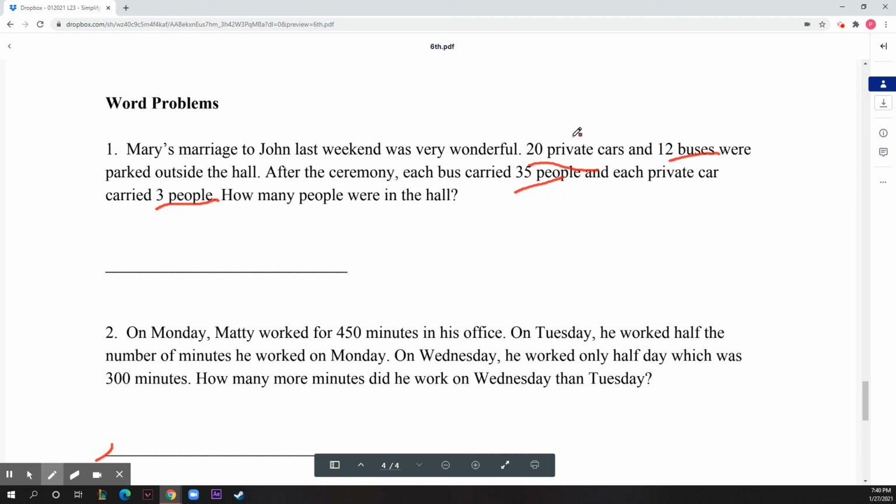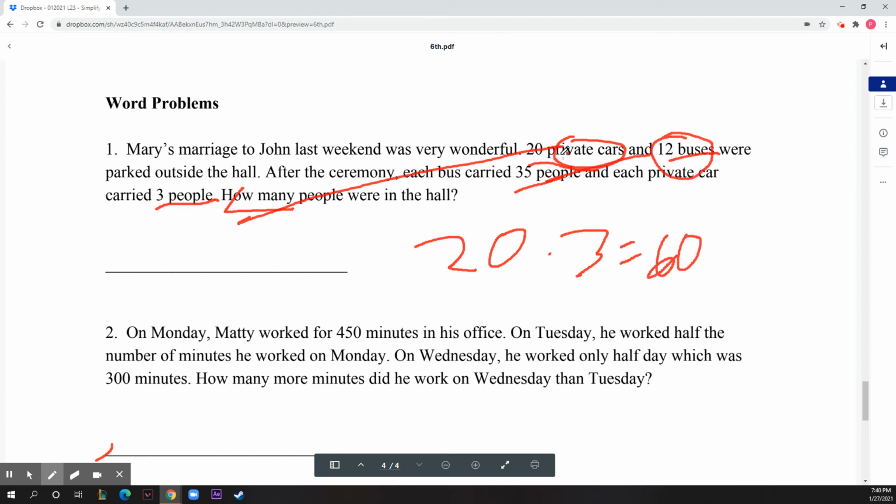Okay, so it's 20 private cars and each private car carried 3 people, which is 20 times 3, which is 60. And then next would be 12 buses and 35 people per bus, which would be 420. Okay, and then if you just add these two together, you get 480 people were in the hall.